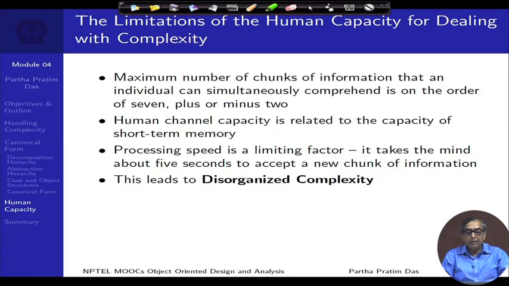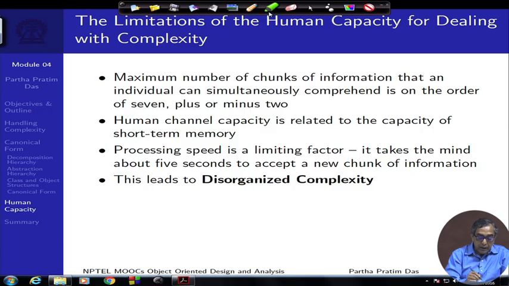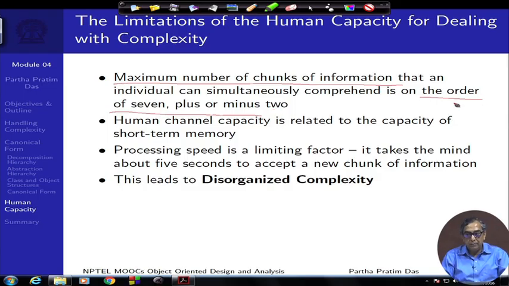And when someone is thrown into a complex system, it goes well beyond the comprehension of that person. And here are some of the observations that different psychologists and psychiatrists have tried to quantify over a period of time. What is commonly said is a maximum number of chunks of information, that is if we deal with simple information, that we can simultaneously comprehend, is kind of 7 for a human individual.